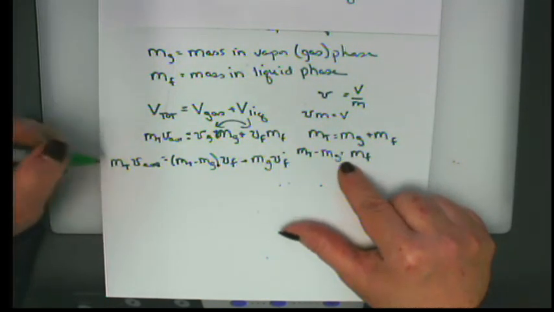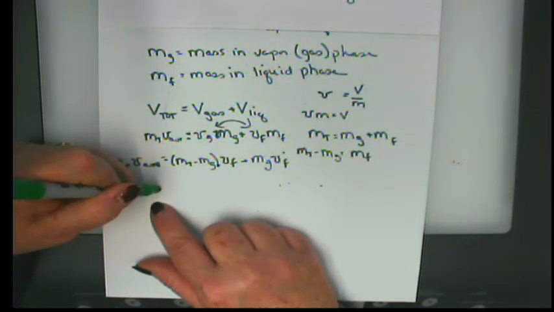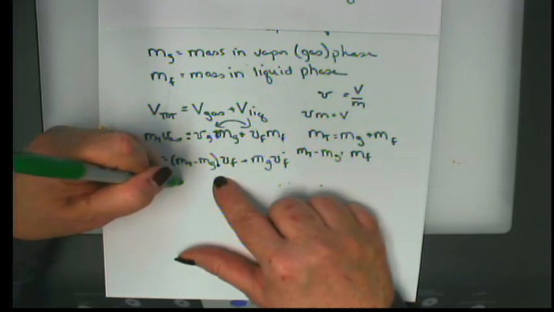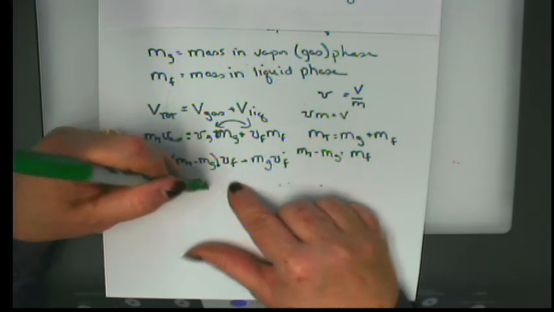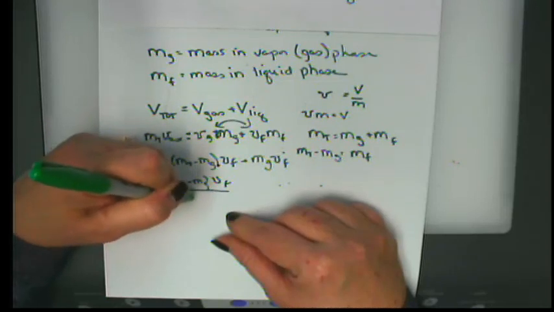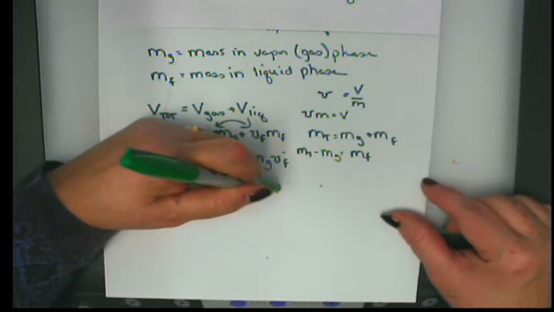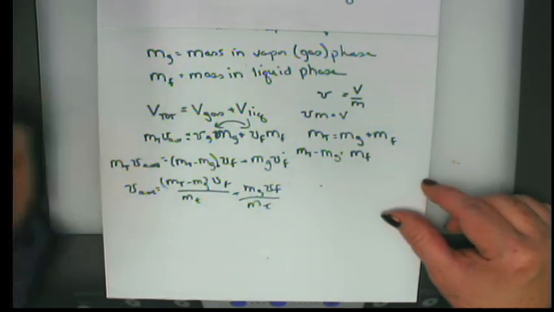And if I divide through by M sub T, I get V average is equal to (M sub T minus M sub G) V sub F over M sub T plus M sub G V sub G over M sub T.